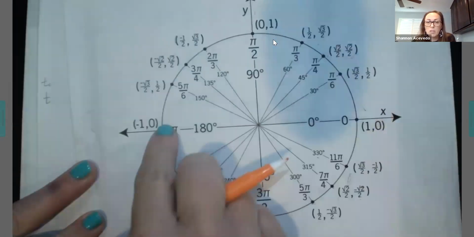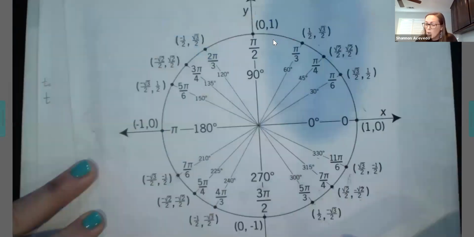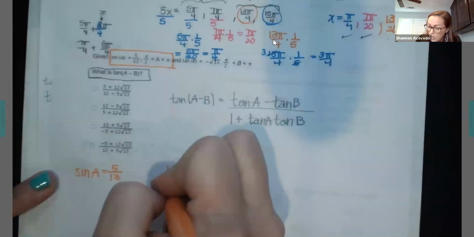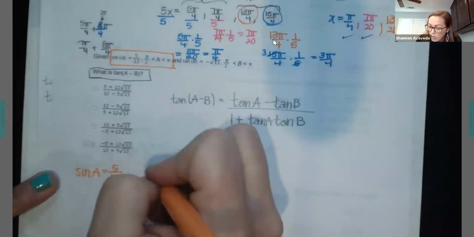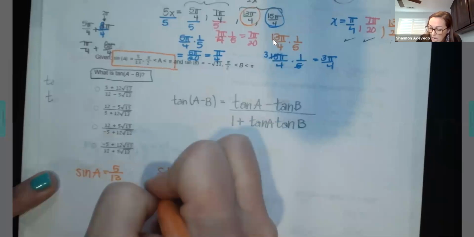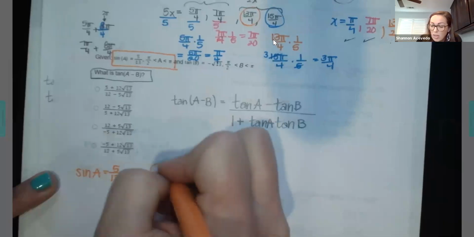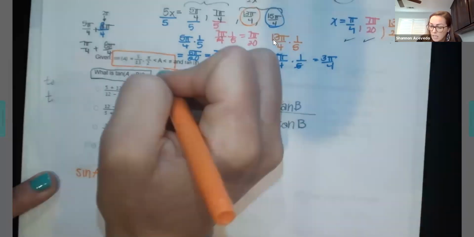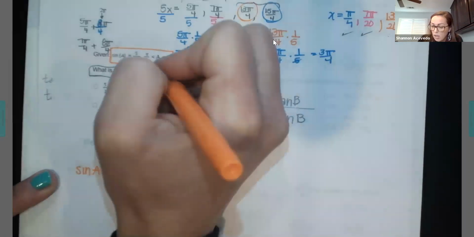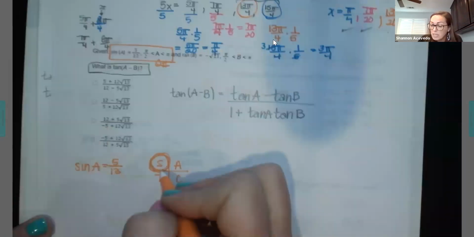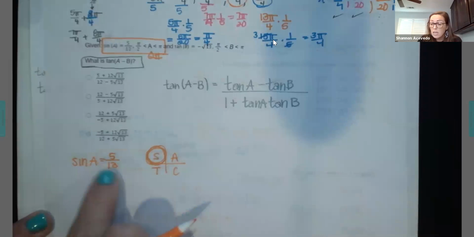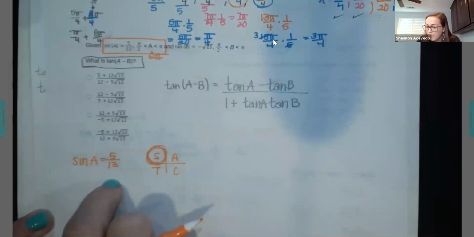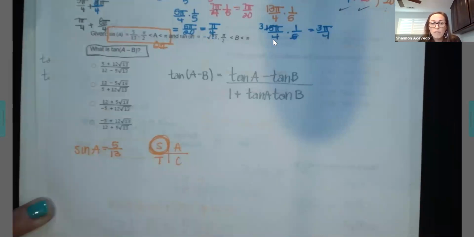That tells me I'm in quadrant 2. I know all students take calculus, so in Q2 my sine is positive, which it is, and that means my tangent and my cosine would be negative.